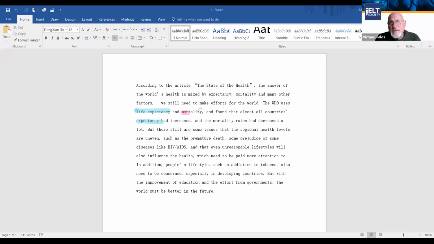But lots of good vocabulary. I'm not sure if that's a great collocation, but I understand what it means.